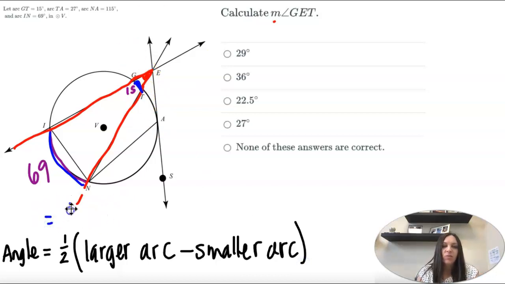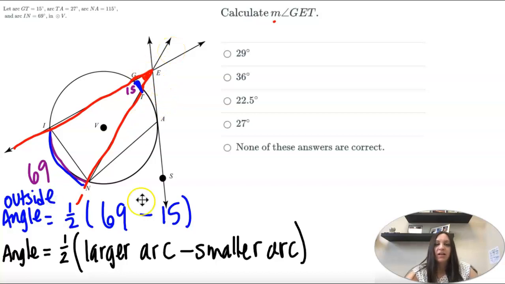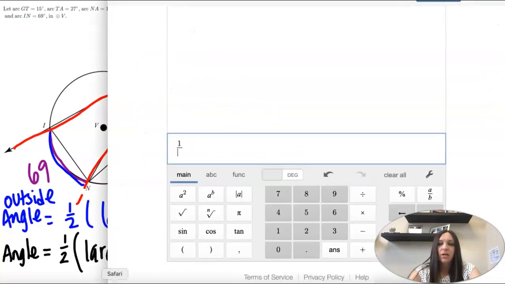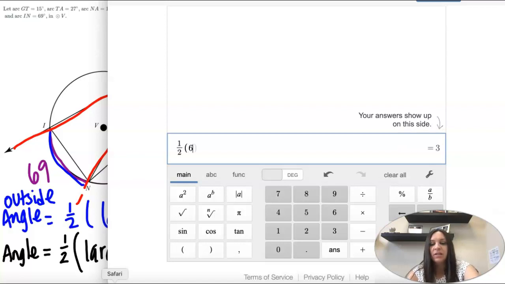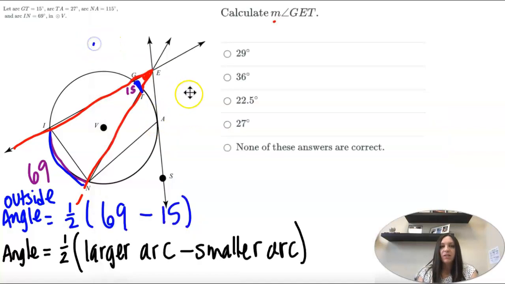So for us, we have 1/2, and then the larger arc is 69 degrees minus the smaller arc, which is 15 degrees. And when we calculate that, we're going to get that outside angle from those secant lines. Okay, so 1/2 of 69 minus 15. So 27 degrees is that angle. That looks like a 270. It should have been 27 degrees.